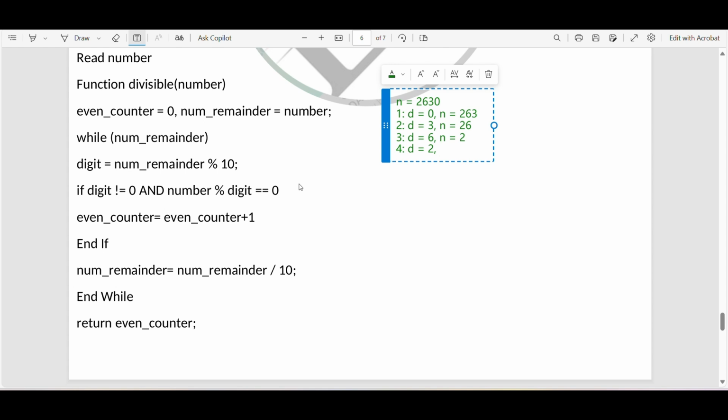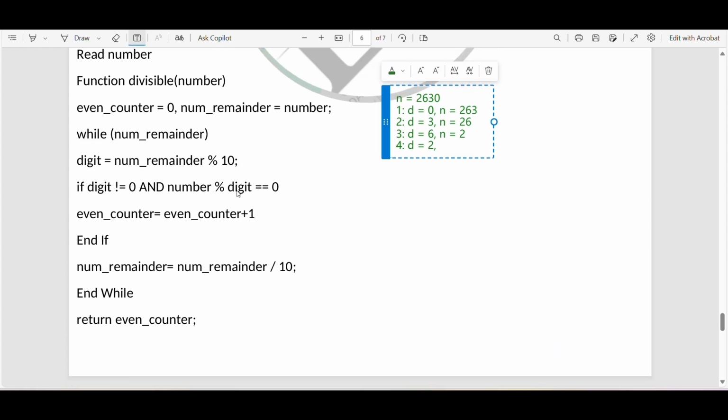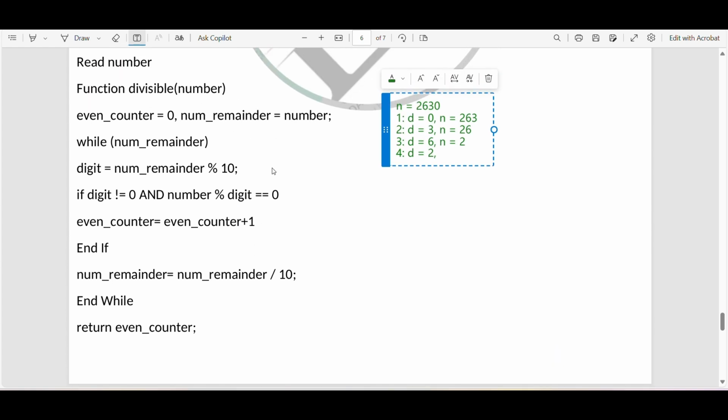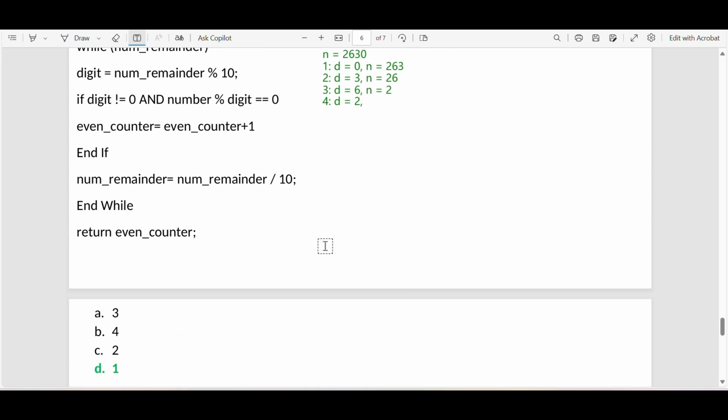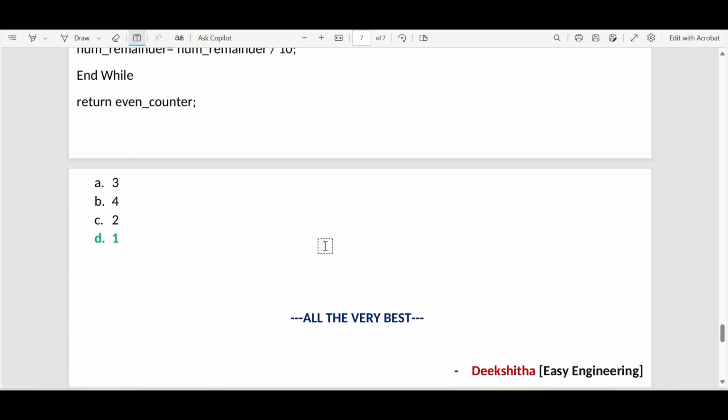When you again check this, you will not get anything, right? Okay. So finally, the answer would be 1.